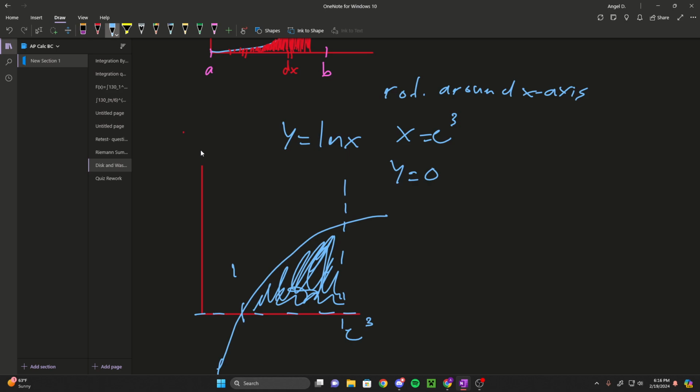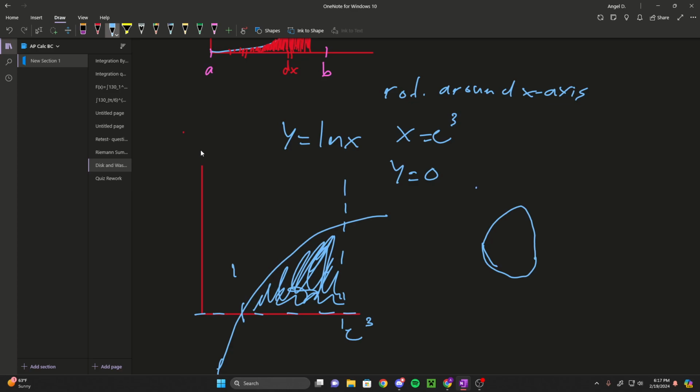Now, if we rotate it around the x-axis, very difficult to imagine, we're almost given a bowl, but it's more like a semisphere that we have.